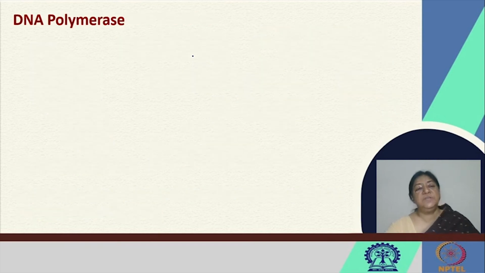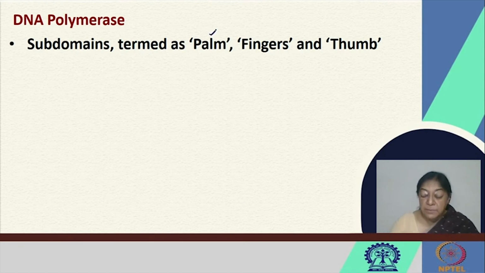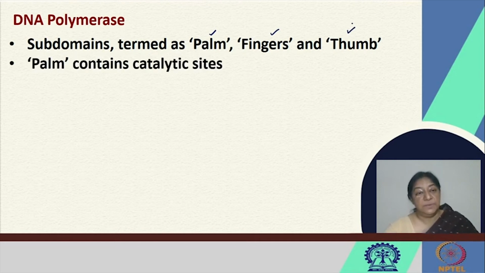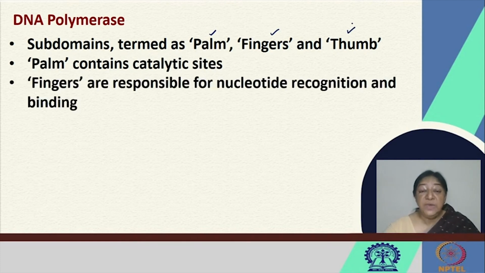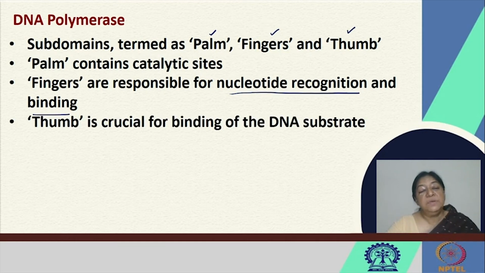The structure of the DNA polymerase is such that it has subdomains. These subdomains are termed the palm, the fingers, and the thumb. The palm contains the catalytic sites. The fingers are responsible for nucleotide recognition and binding, and the thumb is crucial for binding of the DNA substrate.